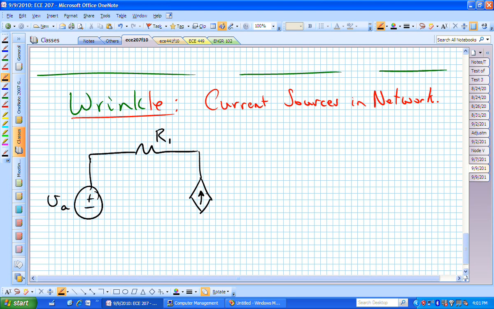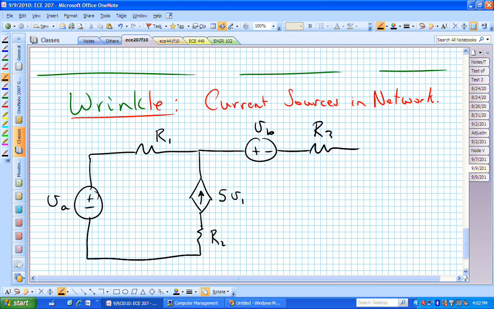Current. It's a dependent current source. It's the diamond with a line or an arrow in it. Let's say it's 5V sub 1. Underneath that is another resistor, R sub 2. Then to the right, we have a voltage source, plus minus V sub B, R sub 3, and then vertically down we have R sub 4, and let's say we don't have any resistor in that bottom path.